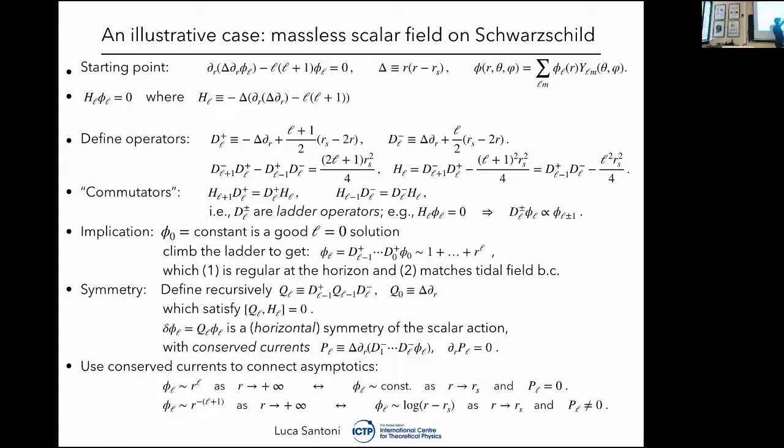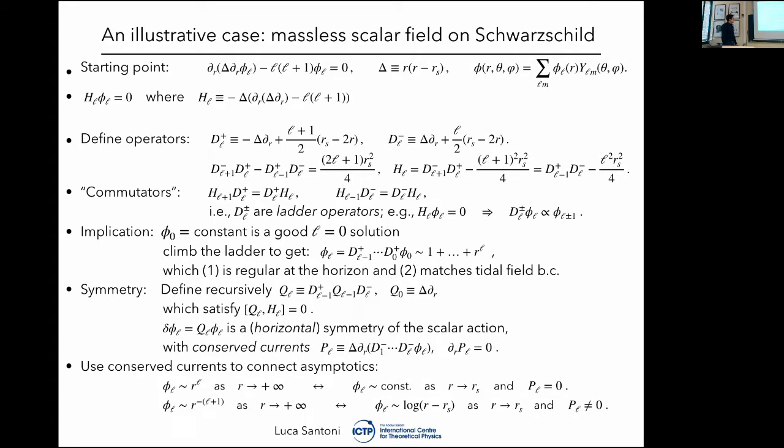And basically what I find is a pure polynomial in r, which is, you can check, an exact solution of the original equation. There are two properties that this solution has. One is that it is regular at the horizon, of course, and two, that it matches the tidal field boundary condition far away.